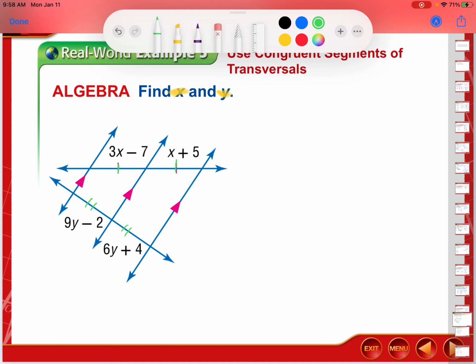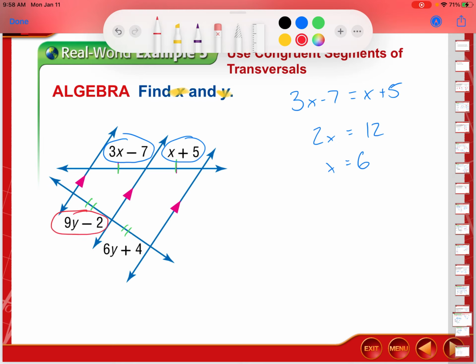Now, in order for us to do that, what we're going to have to do is set our x's equal to each other and our y's equal to each other. Since we know 3x minus 7 is the same as x plus 3, we can set those equations equal to each other and solve them. So we end up with 2x equals 12, x equals 6, and then we can do the same thing on the bottom.